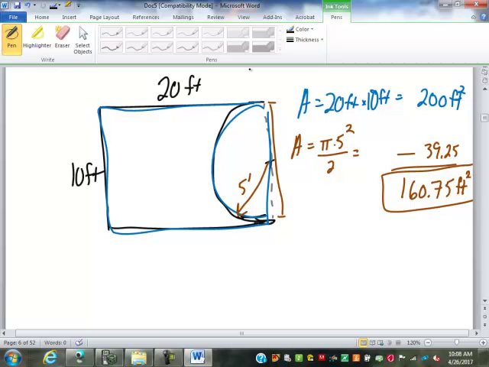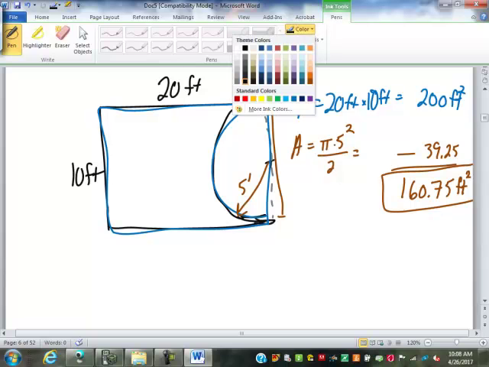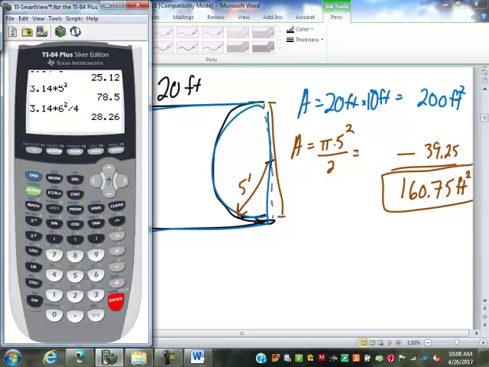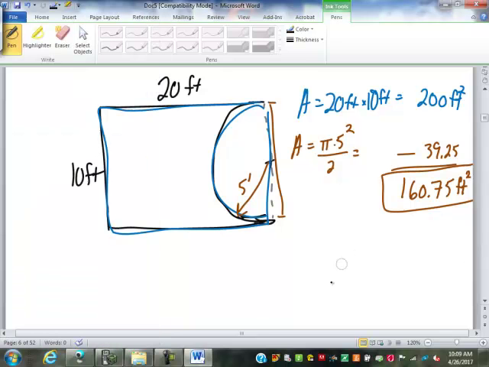Questions? The visual. And there are a lot of people that do struggle with the shapes. The 39 was pi, 3.14, times 5 squared, and then divided by 2. And then since that's technically a piece that's missing, that's why we had to subtract it.